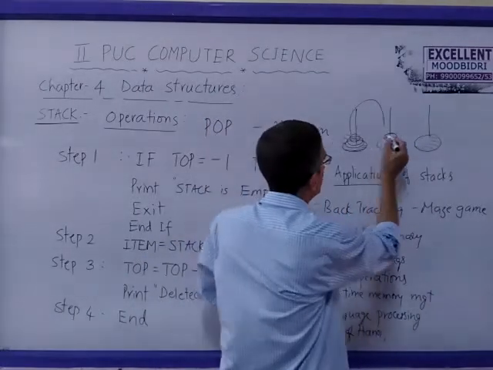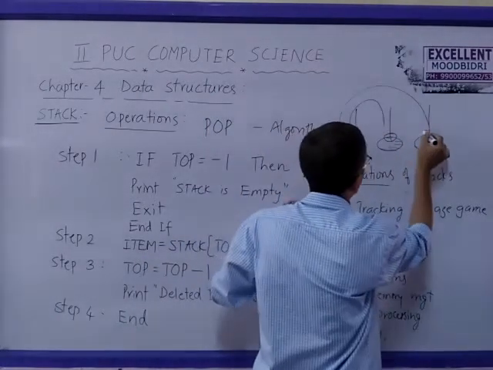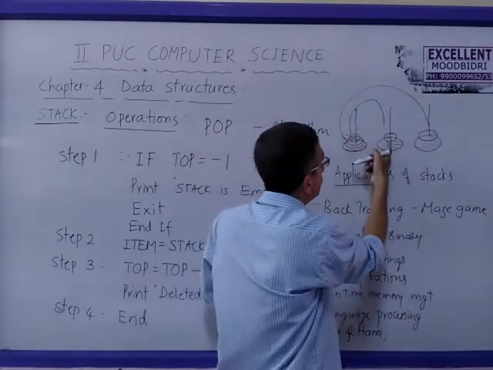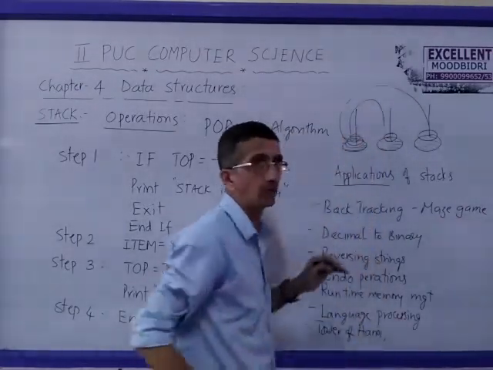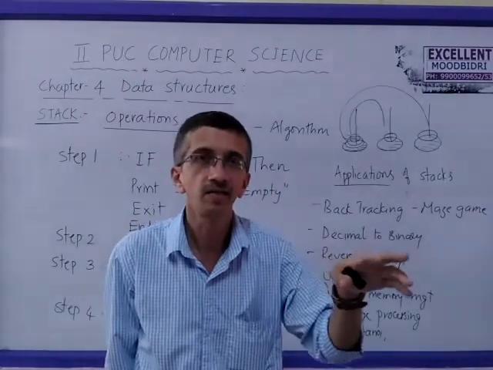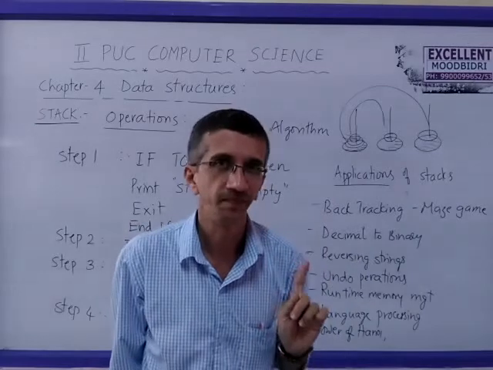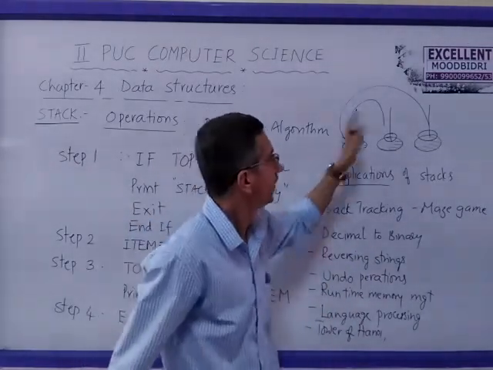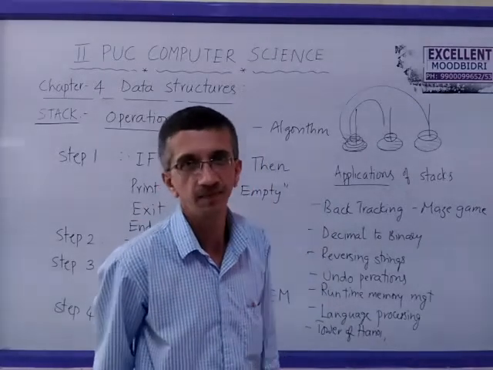So this one, and the second may be here. Here is one bigger one, and you can place this one over here. At any time you cannot place a bigger disc on top of a smaller one; only small on top of bigger, and moving only one disc at a time. So these are the restrictions.